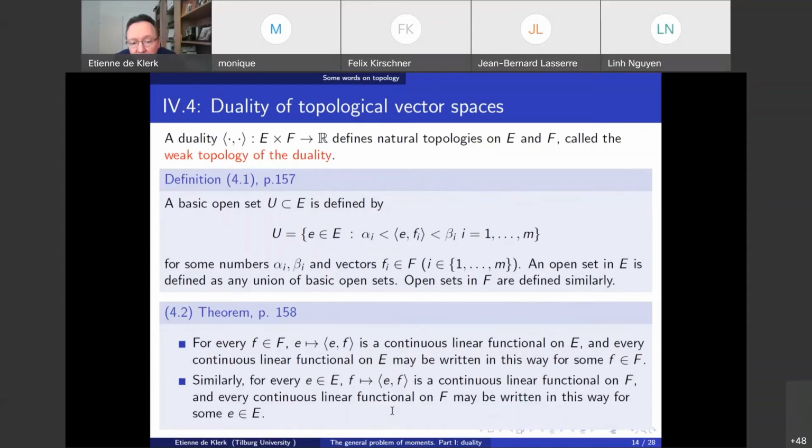This is going to be extremely important for us because we want to define separating hyperplanes in terms of continuous linear functionals. And we have to know that our topology is rich enough that suitable continuous linear functionals exist.